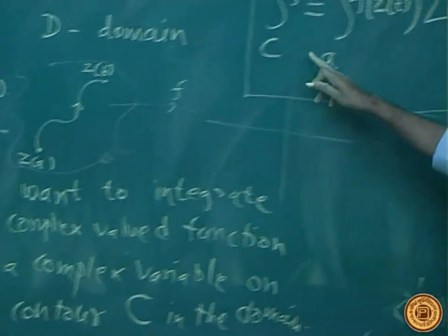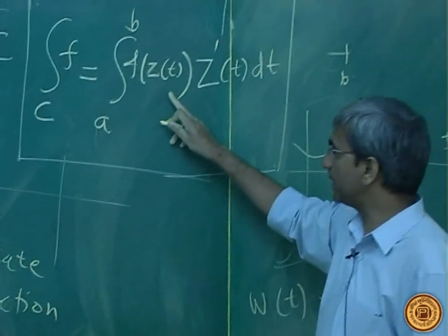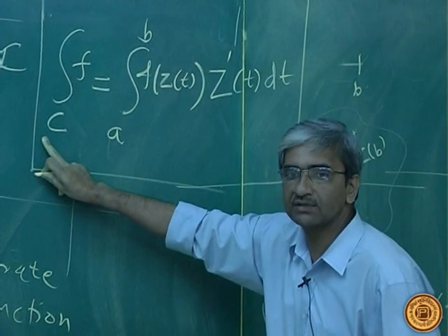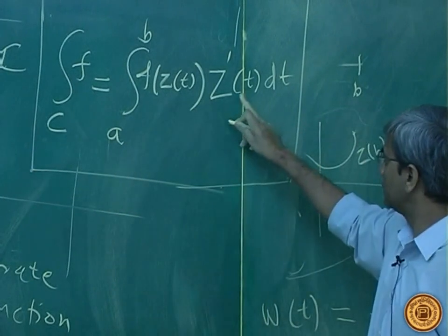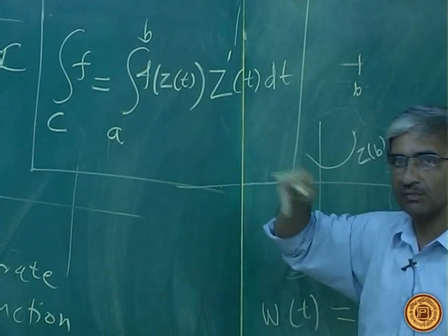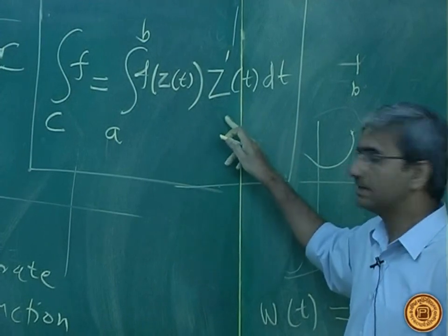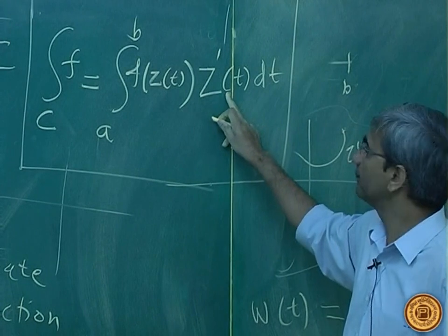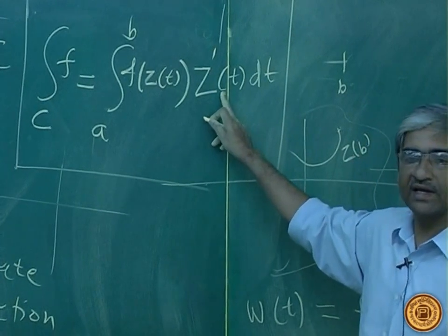So the integral of a function over curve C is f of z(t). What is z(t)? It is the parameterization of this curve C. Suppose z(t) is u(t) plus i times v(t), then z'(t) is u'(t) plus i times v'(t). That we have all done now. All hard work is already done.